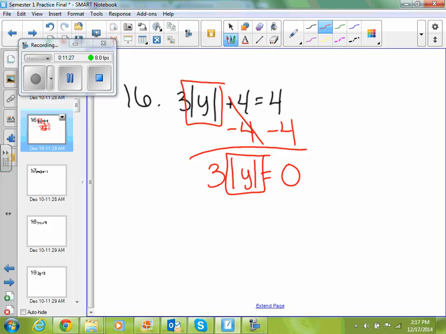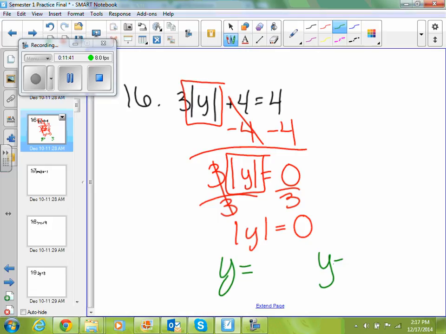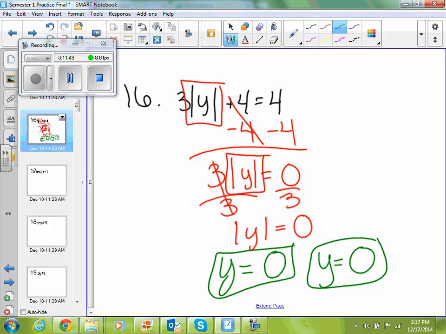Divide by 3. So absolute value of y equals 0 divided by 3? 0. Okay, so now that my absolute value bars are by themselves, I break it into my 2 solutions. So what are my solutions? 0 and 0. Exactly. You can't have a negative 0, so it's just 0 and 0, which is the same thing.